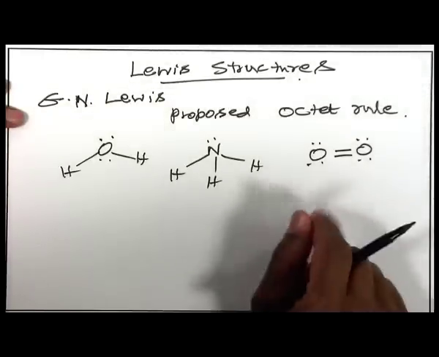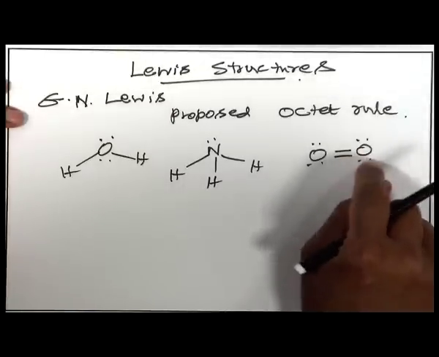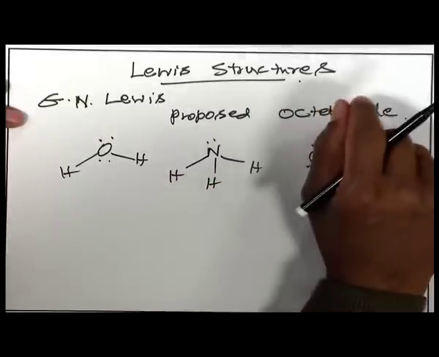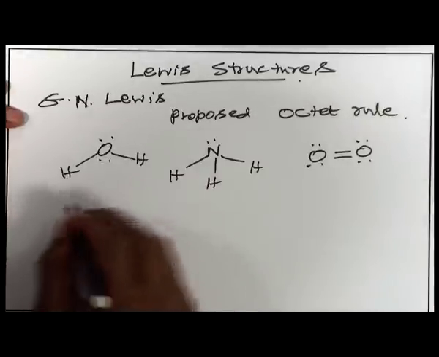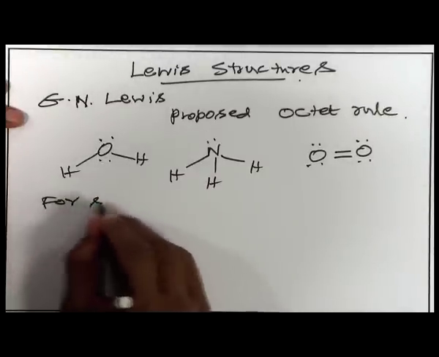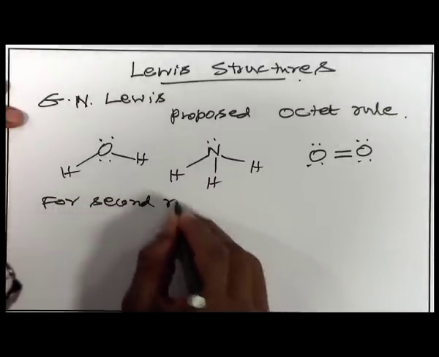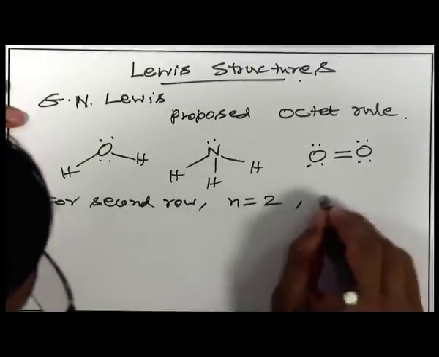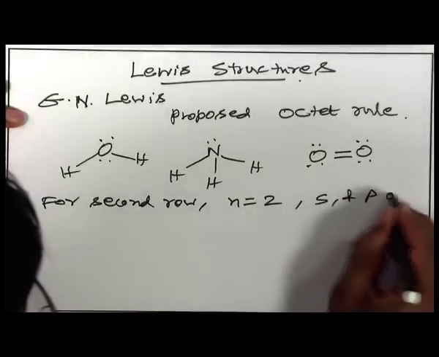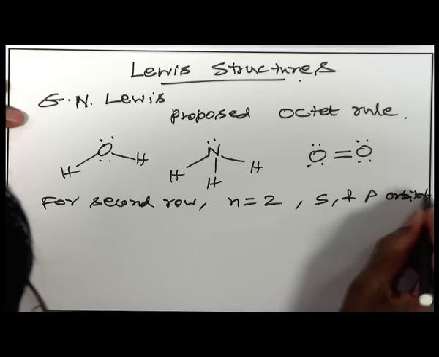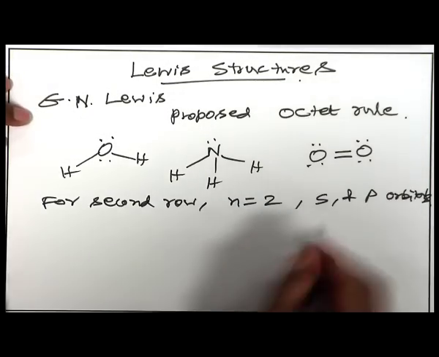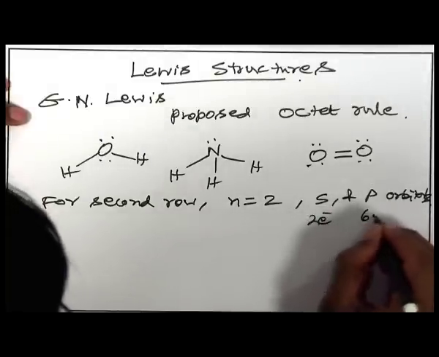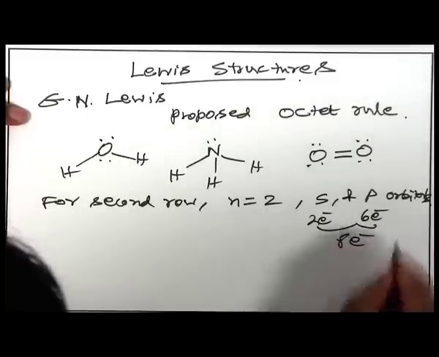And then he noticed that in these molecules, the number of electrons around each atom is 8. Second row elements means the energy level is n equal to 2, and they have s and p orbitals. The s orbital can accommodate 2 electrons, and the p orbital can accommodate 6 electrons. In total, there are 8 electrons.